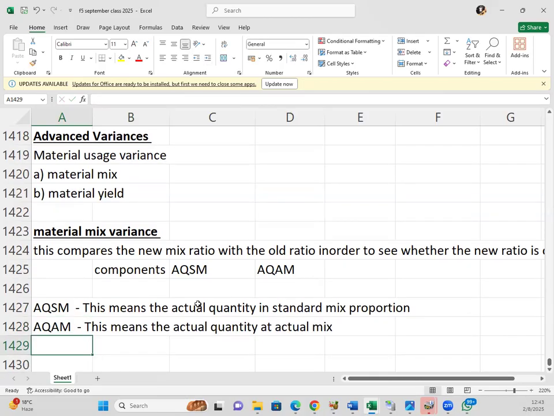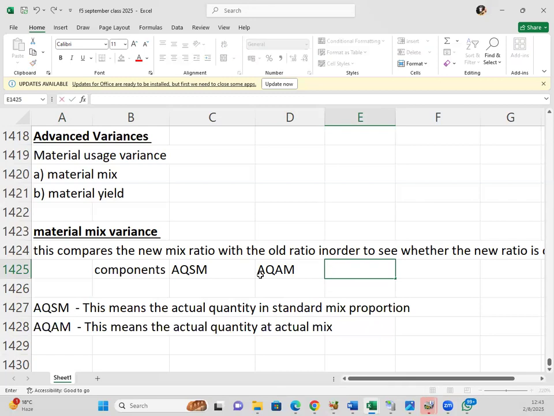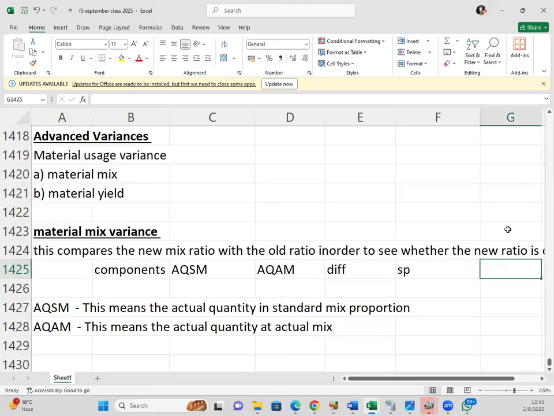Then you say actual quantity standard mix less actual quantity actual mix, and you get your difference. Then from the difference, you put the standard price, then the variance.